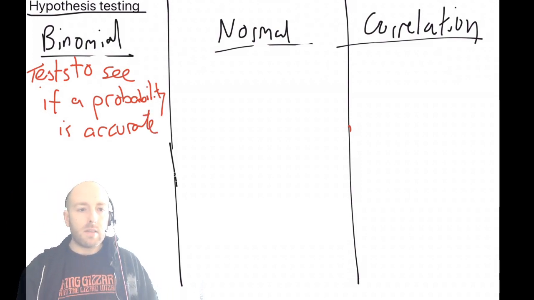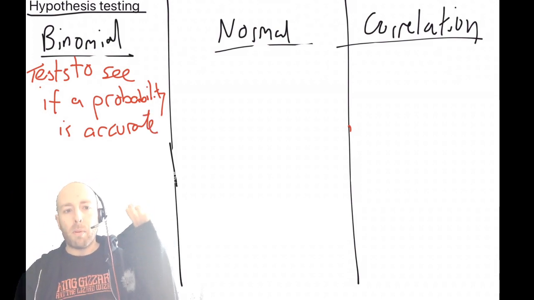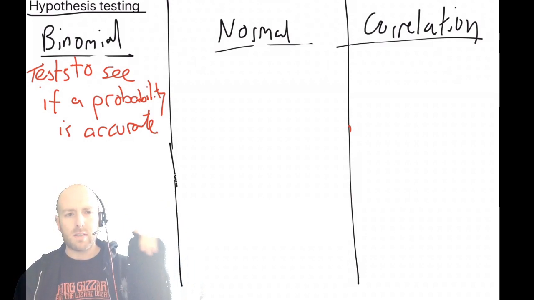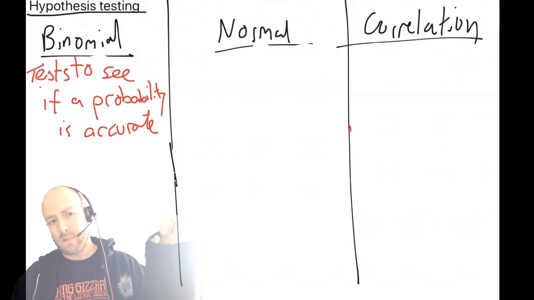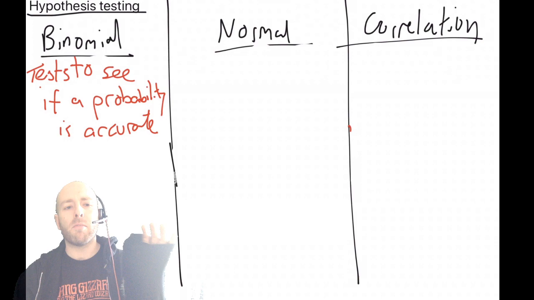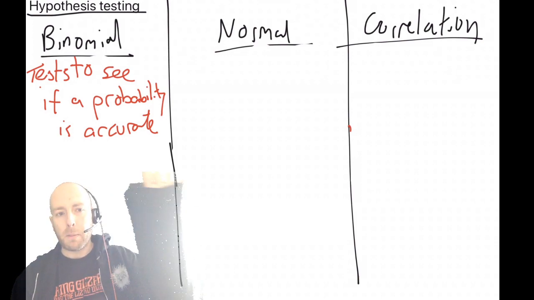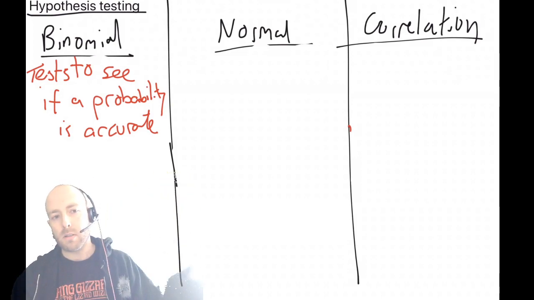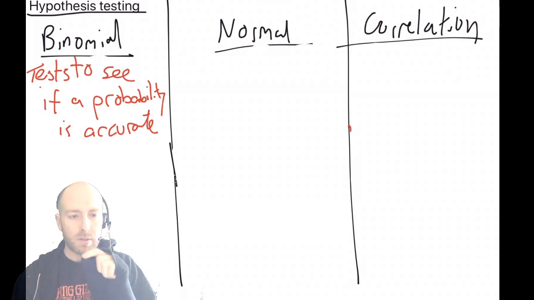So the idea is somebody makes a claim about a probability. So I don't know, a gambling company says the chances of winning is 0.7. So it's a claim chucked out there. And that claim refers to a population. So the population is everybody playing the game. The probability of winning the game for each person for the whole population is 0.7.